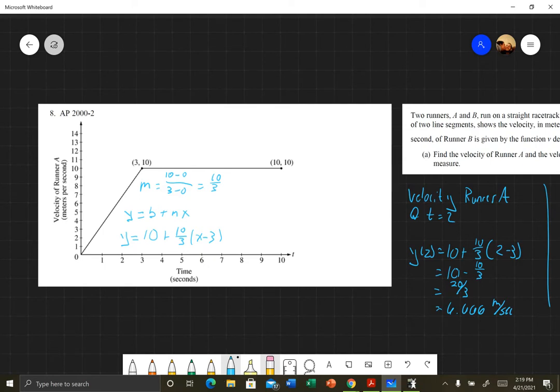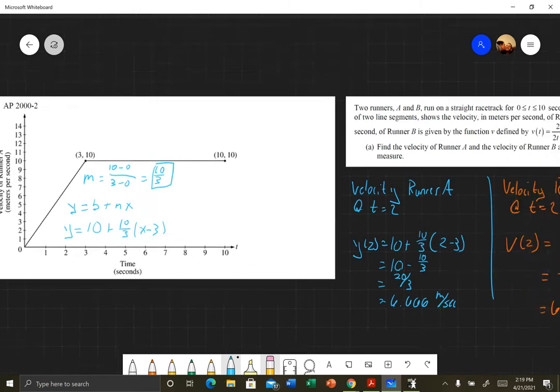Remember, the derivative of velocity is acceleration. The derivative is just another way to say slope. And so if we go back to this, we want to know what the slope is at time t equals 2. Well, the slope is on this line, and we calculated the slope as being this right here. The slope is 10 thirds.